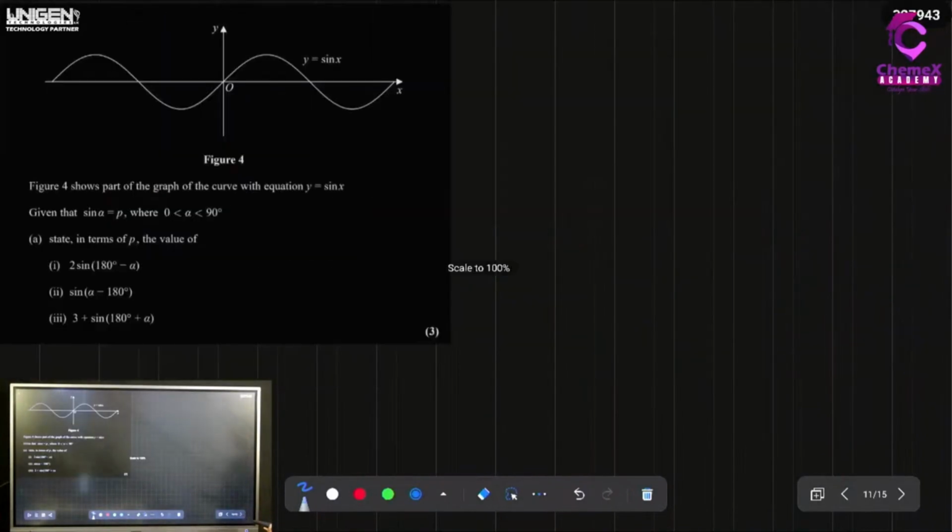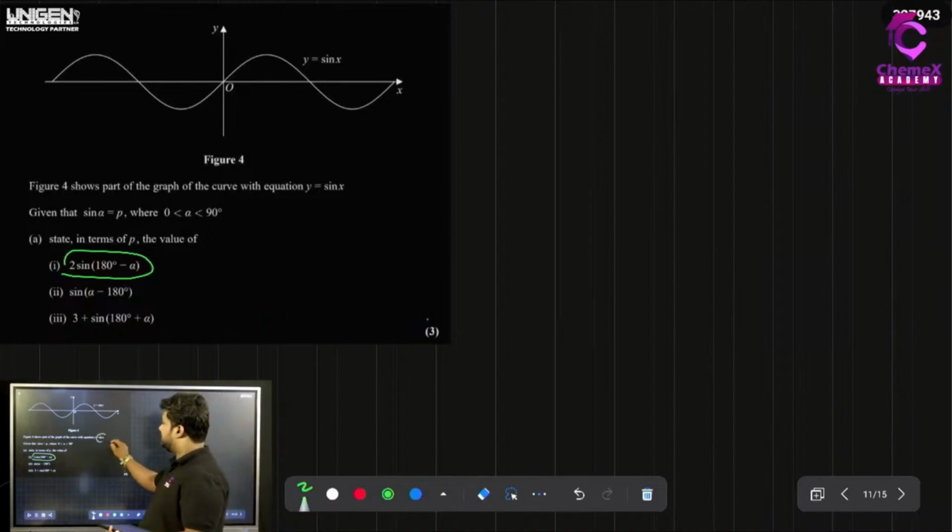Alright, so I'll move into the next, ninth question. In the ninth question, they're asking, state in terms of P, the value of 180 minus theta, 2 sine. So what is it?